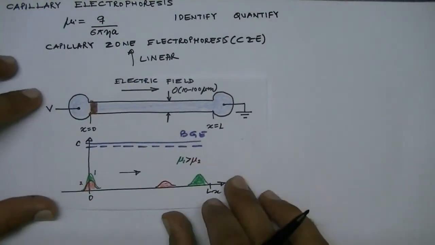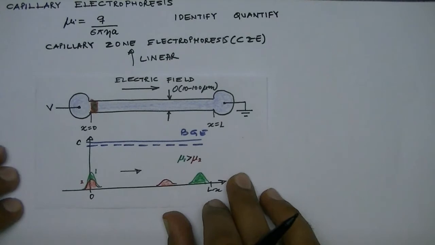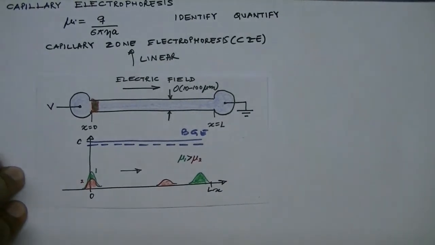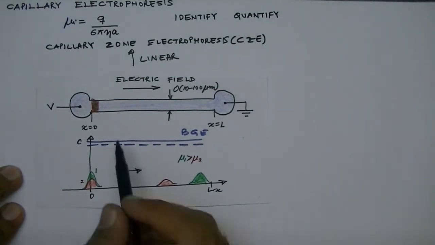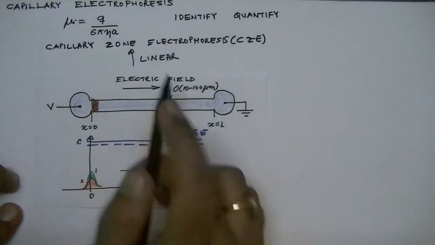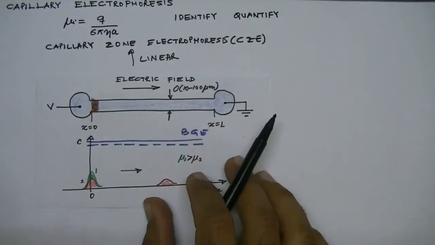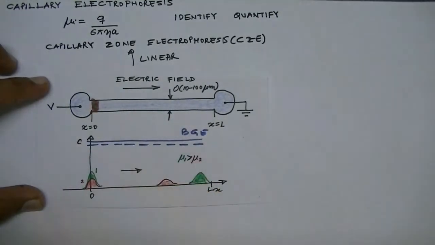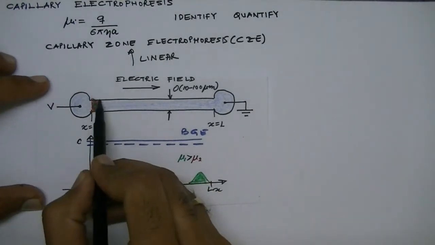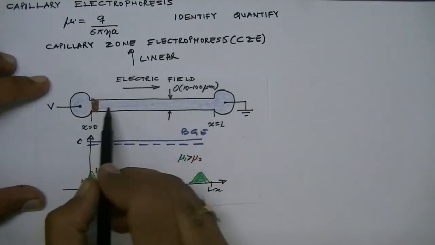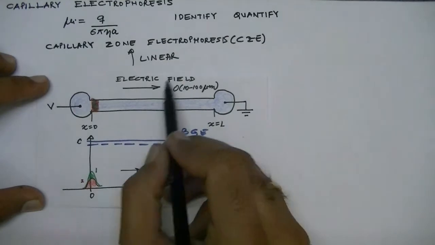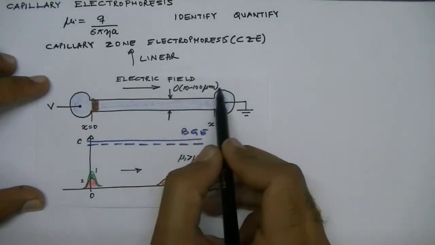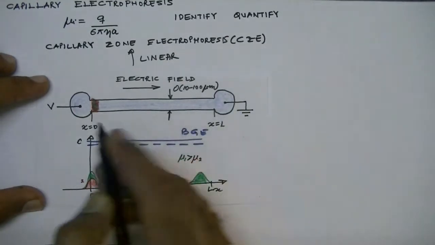So this is the typical experiment that one would do for a capillary zone electrophoresis process. We have a capillary of radius 10 to 100 micrometers.